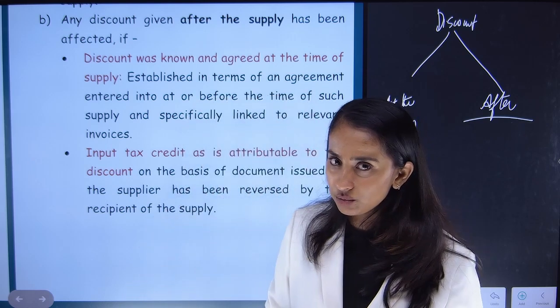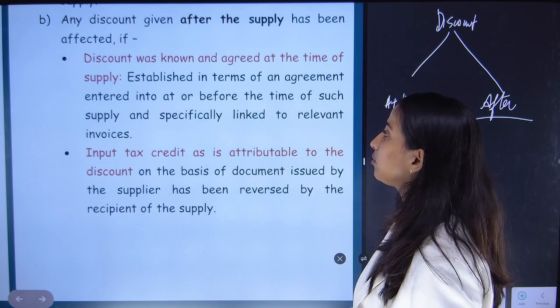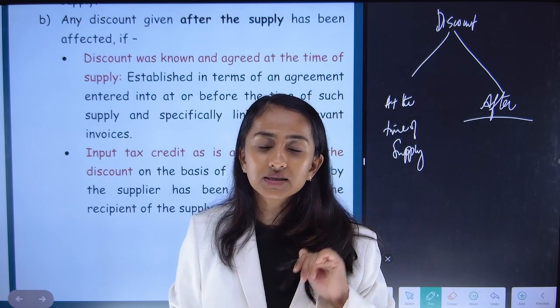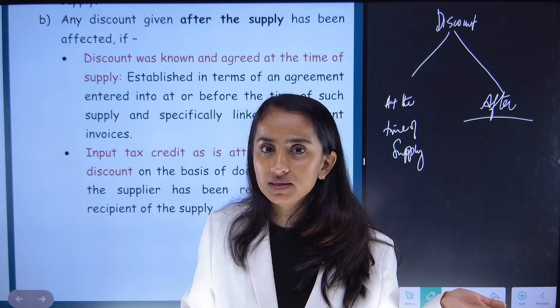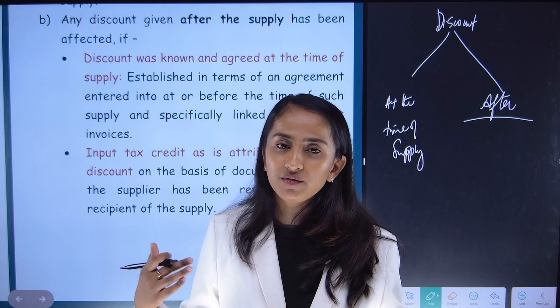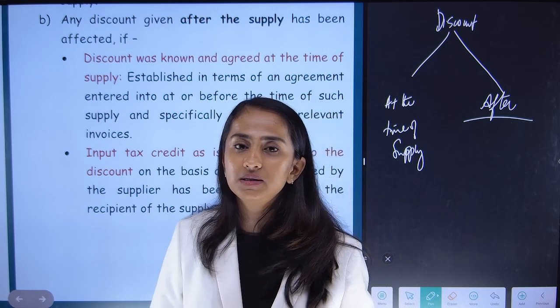So they're saying you can do it if the discount was already known and agreed at the time of supply. So if that showroom fellow says, "Sir, you take it for 50,000, after 1 week we'll be having some New Year sale, after 1 week we will be giving discount for sure, it's established, we have it in our company policy." Agreed.